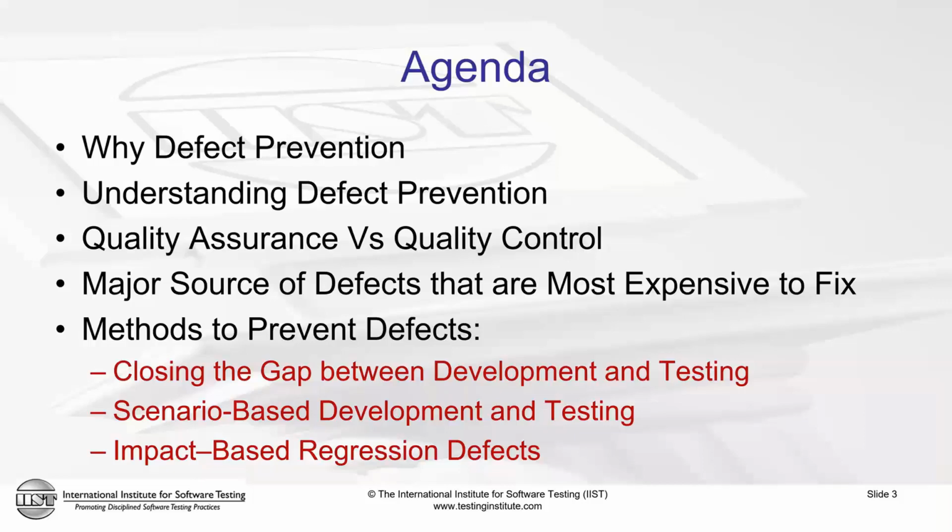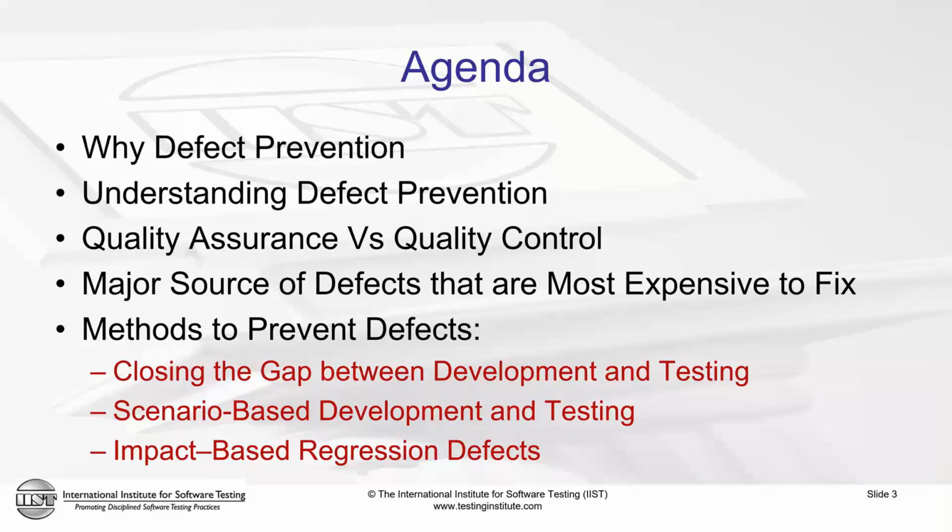So I'm going to start talking briefly about why we need to prevent defects. Which I don't expect it to take much time, because I hope I don't need to convince you much about why we need to prevent defects.